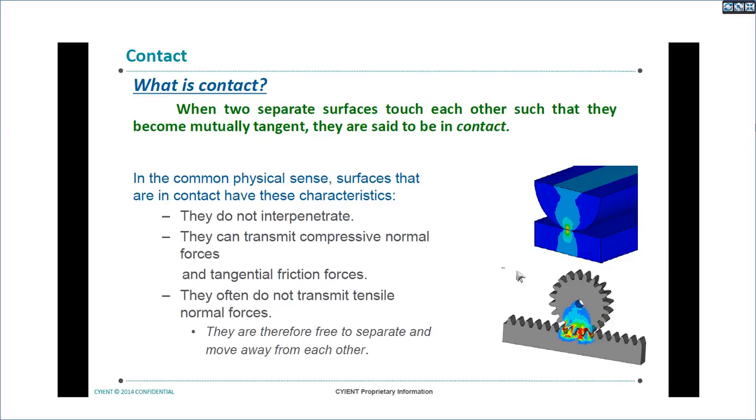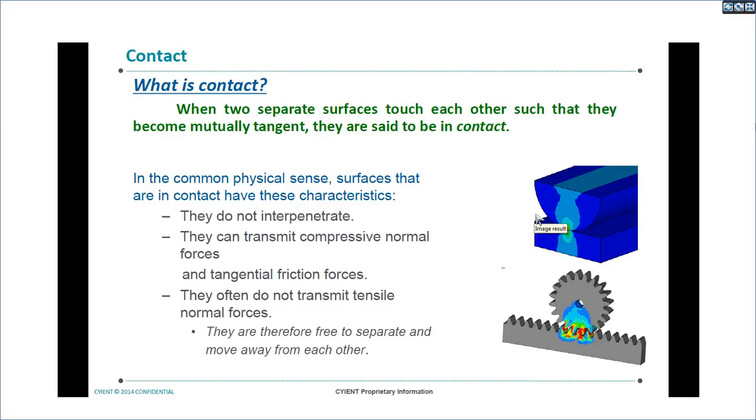Okay, they can transmit only compressive stresses and tangential frictional forces, and they do not transmit any tensile forces. Since they don't transfer tensile forces, they are free to separate. There are two components.